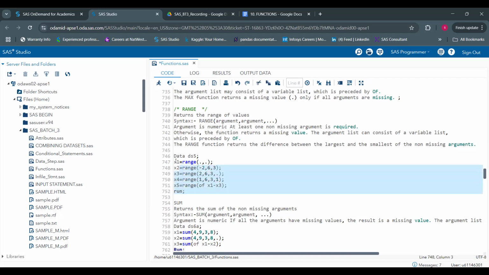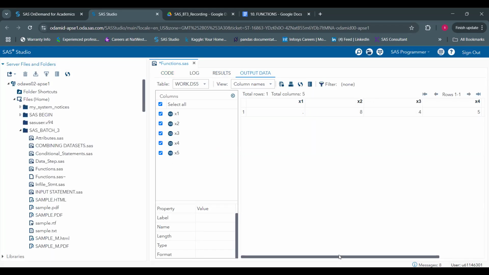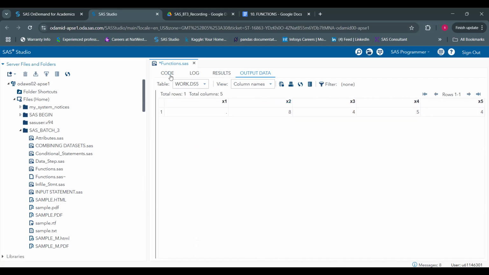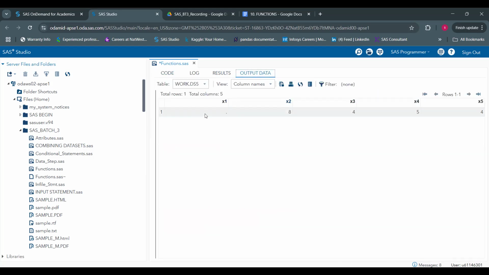Okay, let's see. 8, 4, and 5. And the last one you said 6. I got 4. Right, 4. So what did we have? X1 to X3. What is 8 minus 4? It is 4, right? The largest is 8, the smallest is 4.